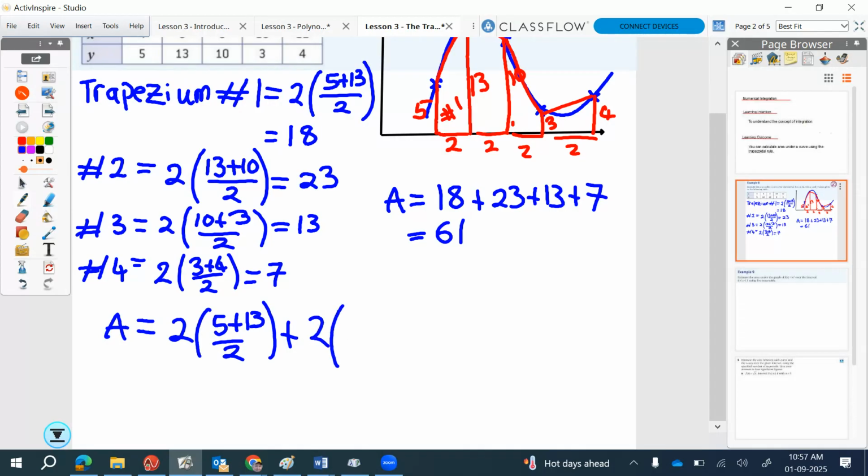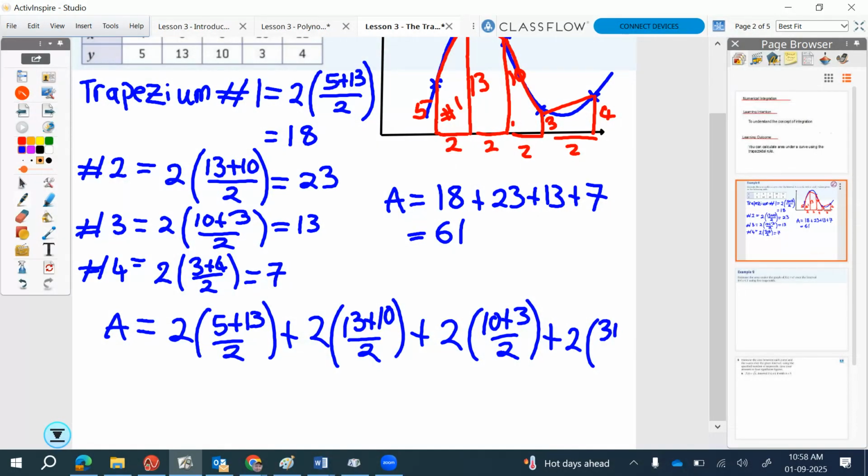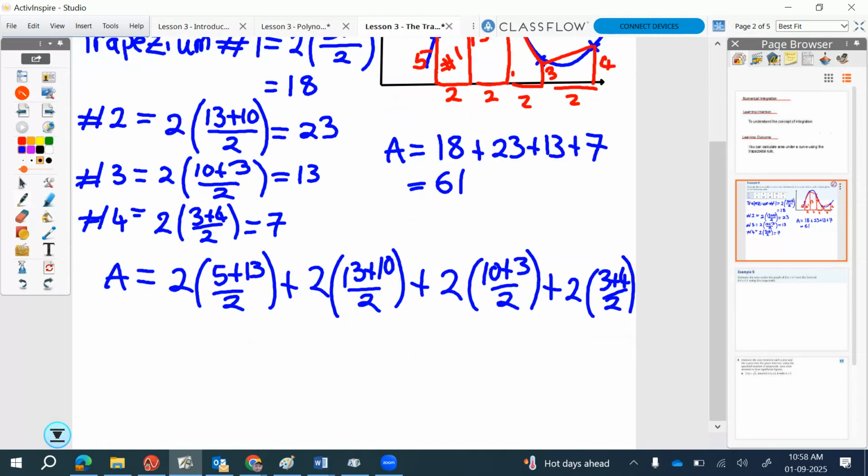So 2 times (13 plus 10) over 2. And the 13, where does that come from? The third trapezium, 2 times (10 plus 3) over 2. And where does the 7 come from? 2 times (3 plus 4) over 2. Now, there's some repetition in this formula.